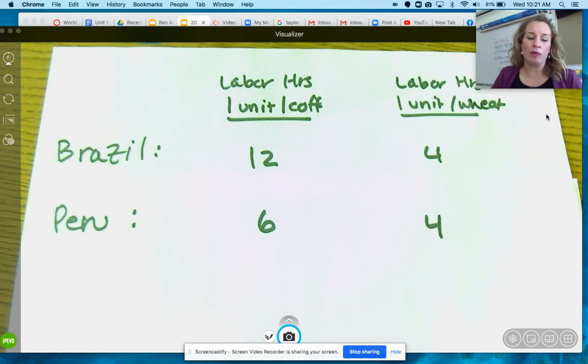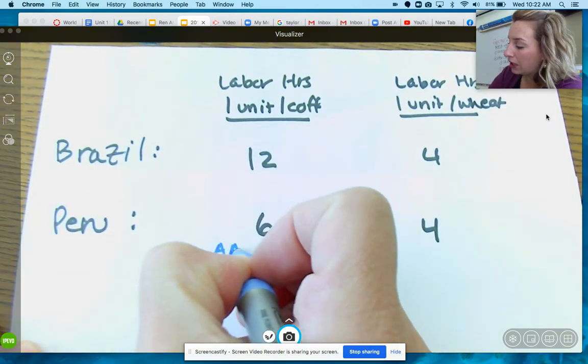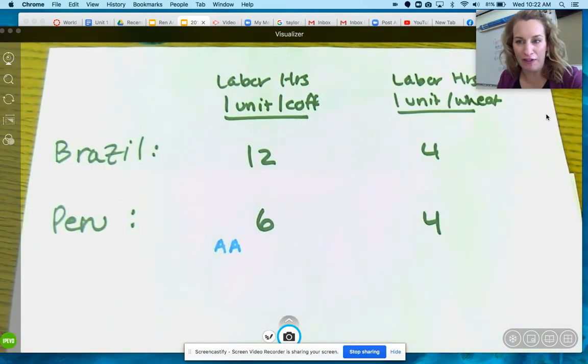Now remember, when you're thinking about input, you're thinking about units of time, you're thinking about productivity. Productivity is the rate at which something is produced per hour. So Peru, in this case, has an absolute advantage in producing coffee because it takes Peru less time to make 1 unit of coffee. It takes Brazil almost double that amount of time.